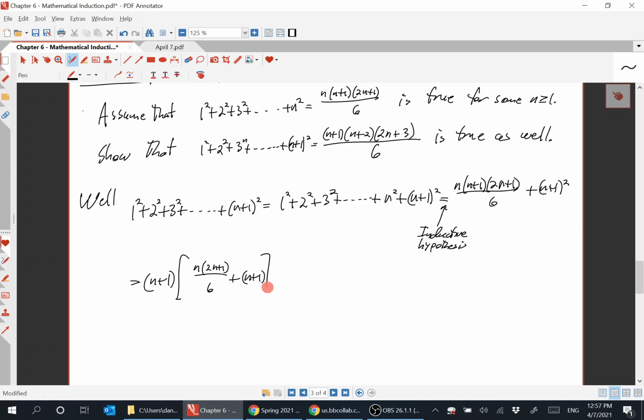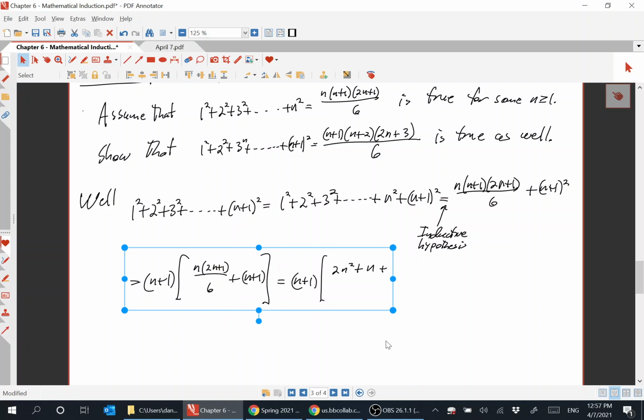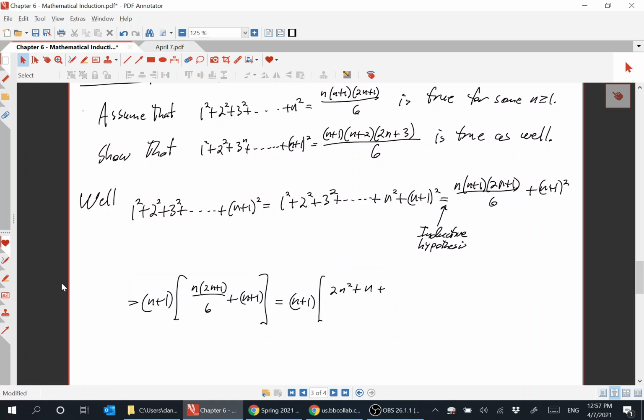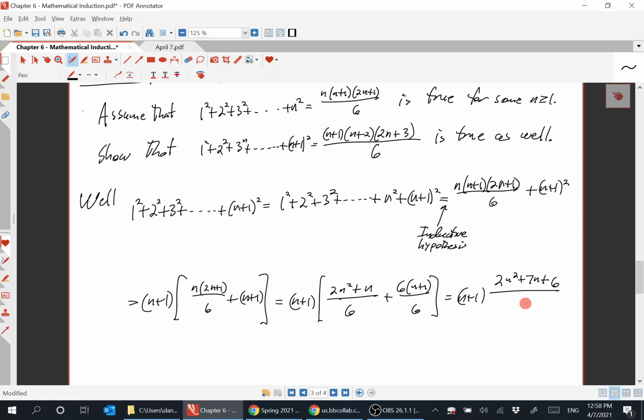So that's equal to n plus 1 times 2n squared plus n over 6 plus, this one becomes 6 times n plus 1 over 6, which is n plus 1 times 2n squared plus 7n plus 6 over 6.